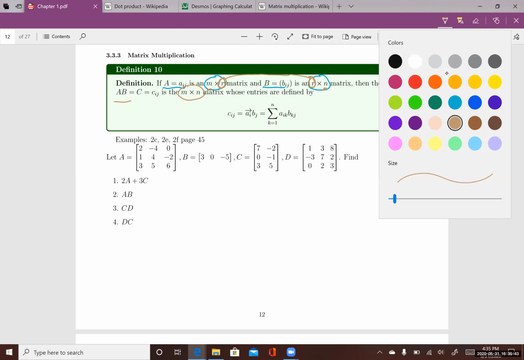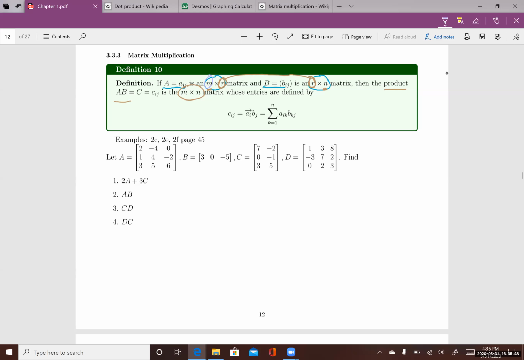So you see that the outer dimensions of A and the outer dimensions of B produce the dimensions of the product of the two matrices. Okay, so the r and r have to be the same, and the product of the two matrices has the dimensions m by n. And how can you come up with each entry in the product C?